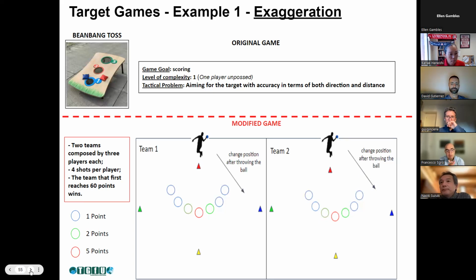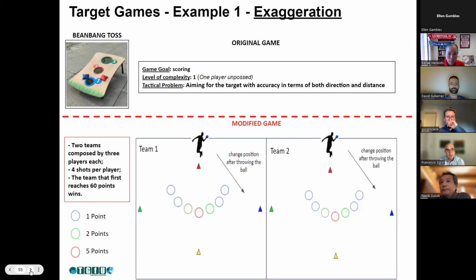By means of this game, the learners develop throw skill by aiming for a target with accuracy in terms of both direction and distance.